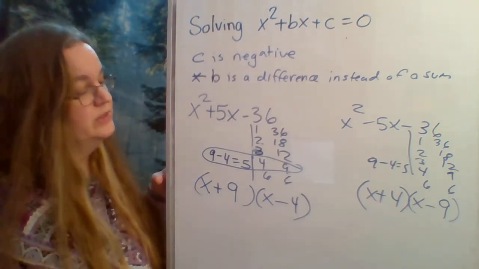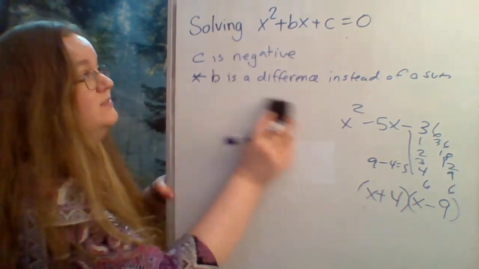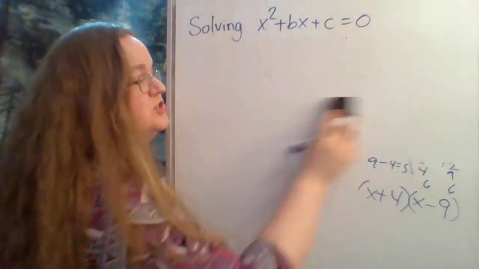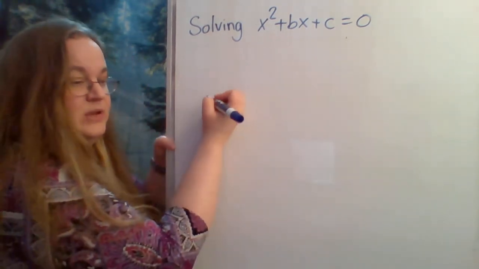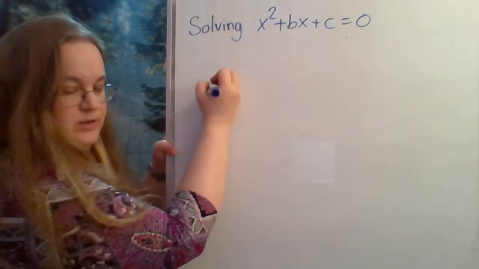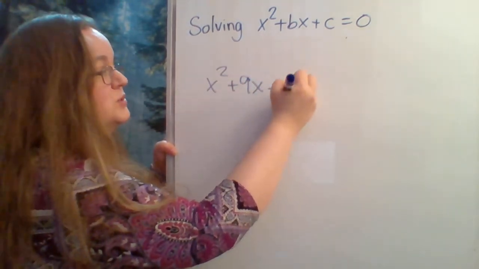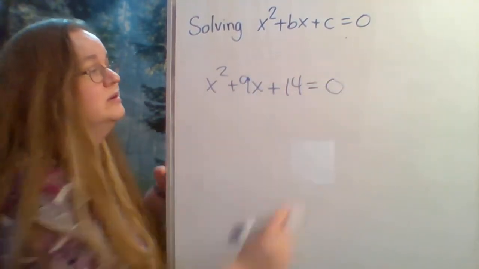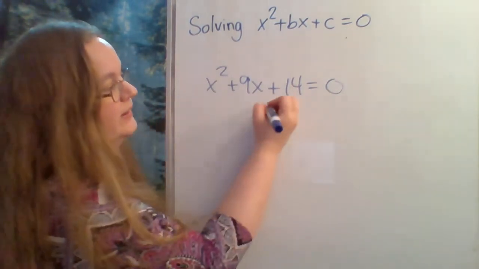So the last thing I want to look at, because those are the different types, is actually solving by factoring. Okay. And this is just taking this skill and putting it with a skill that we learned last time. So if I take the problem, x squared plus 9x plus 14 equals 0, my first step is to do exactly like I just did. Okay.